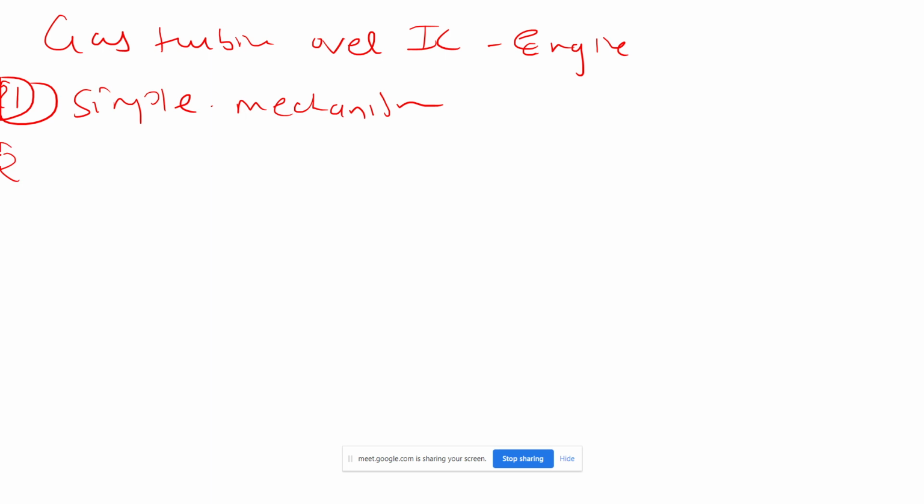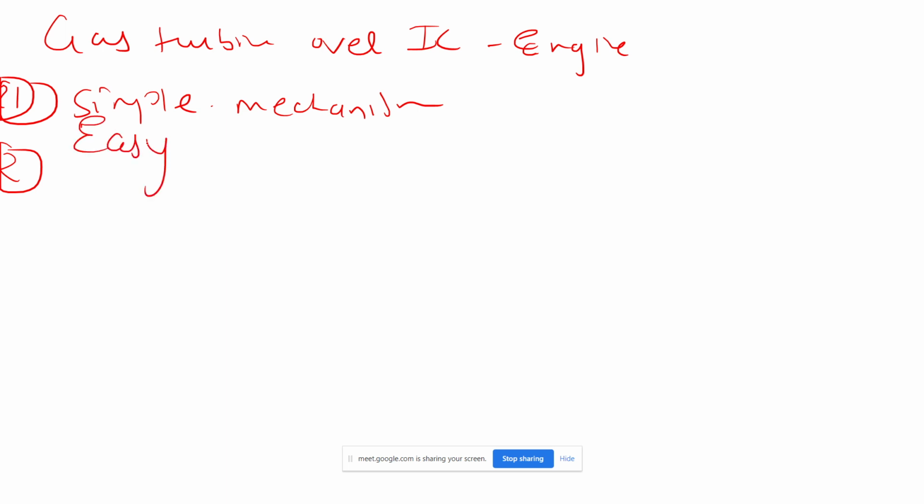The second advantage of the gas turbine over the IC engine is that the balancing of the gas turbine is relatively easy, because of the same reason.